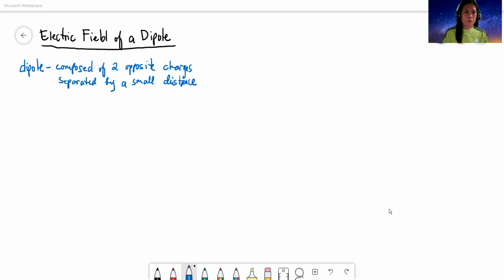A dipole, if you dissect the term, di means two, and polar talks about two equal magnitude but opposite sign. So it is a physical entity, kumbaga, which is composed of two opposite charges.